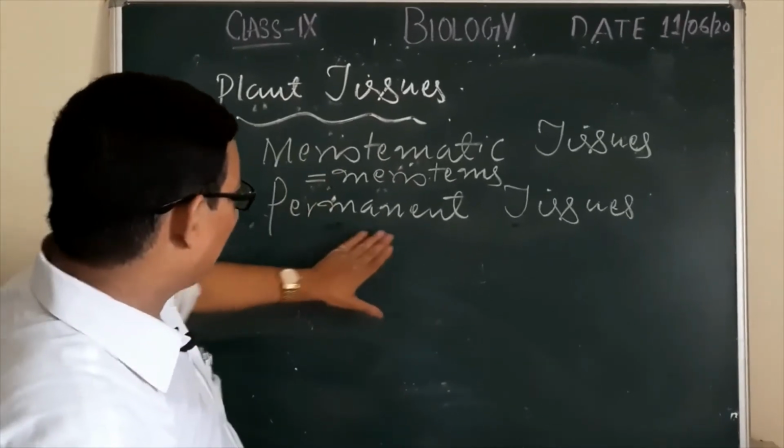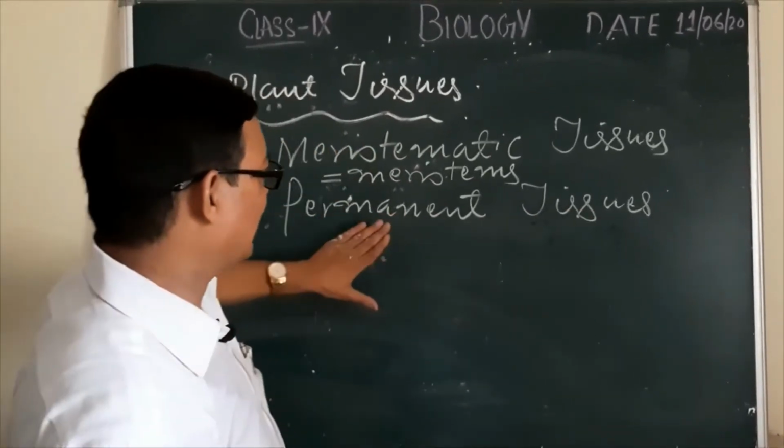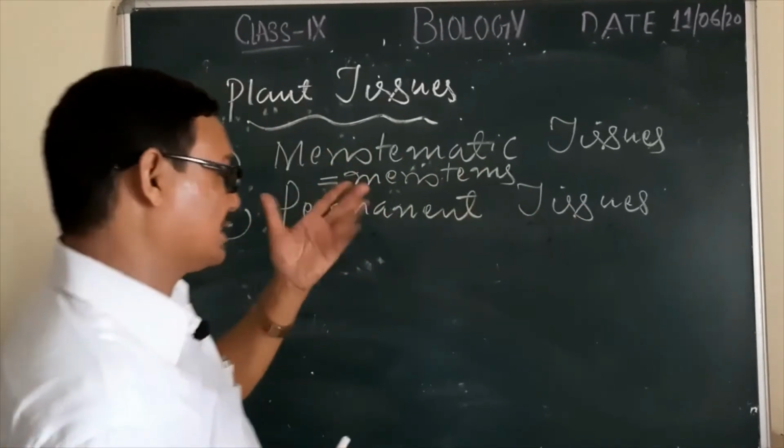In the next class, permanent tissue: simple and complex, simple again divisible and complex.